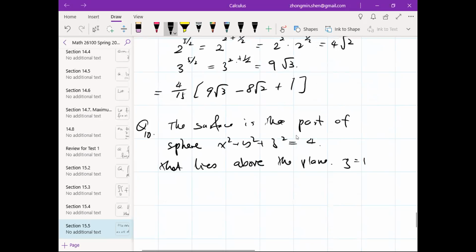If you're given the double integral, that's okay. The difficult part is always drawing the graph. This one is okay, it's a sphere, easy to draw. But there are some other graphs you have to sketch quickly. Then you set up the integral.